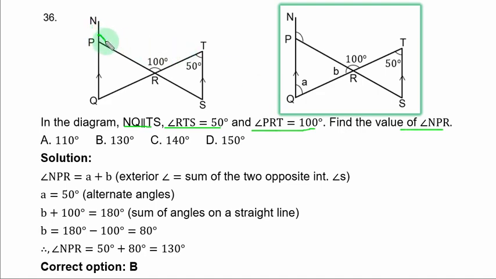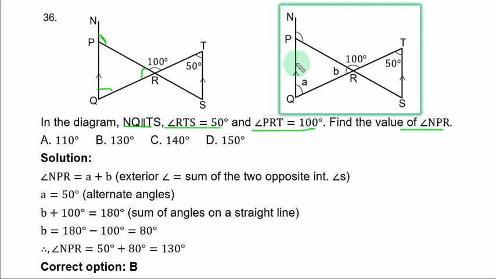Now we can consider triangle PQT. If you can get this angle and you get this angle, they are interior angles, and this angle is exterior. The sum of the interior angles is equal to the exterior angle.